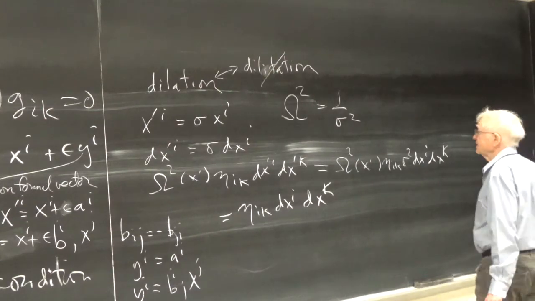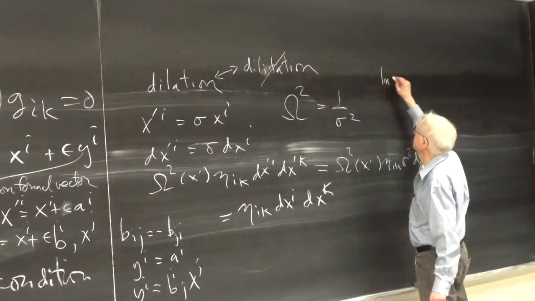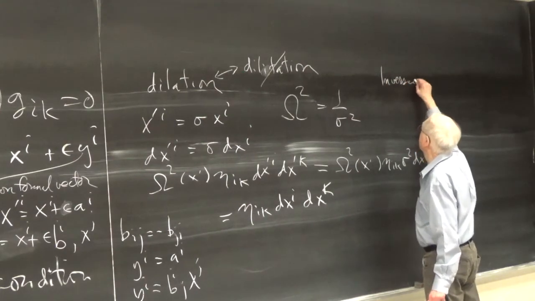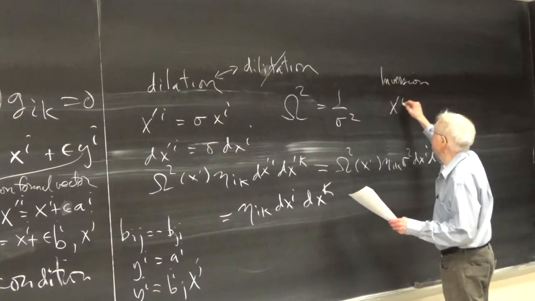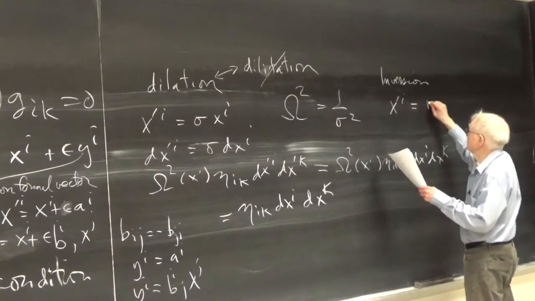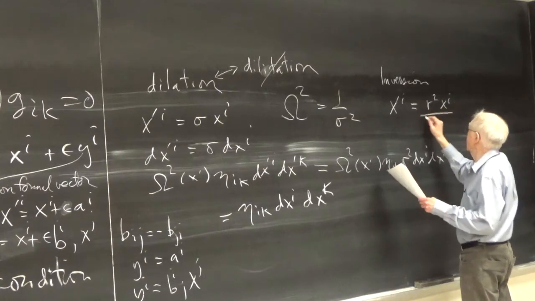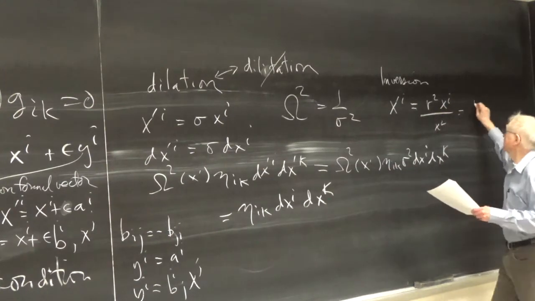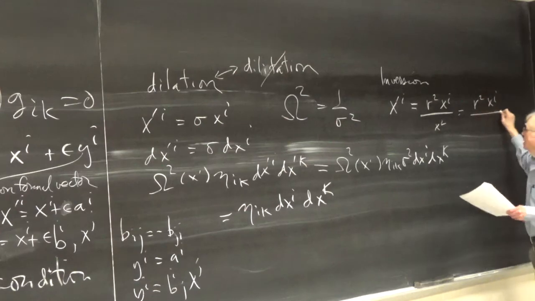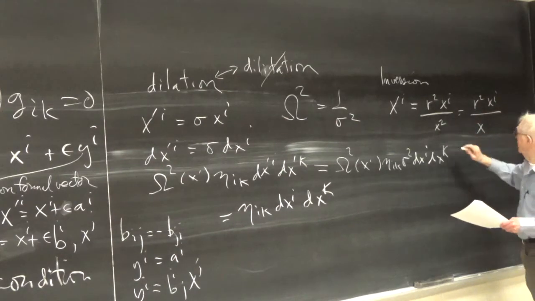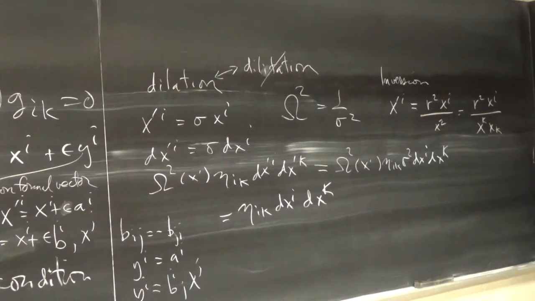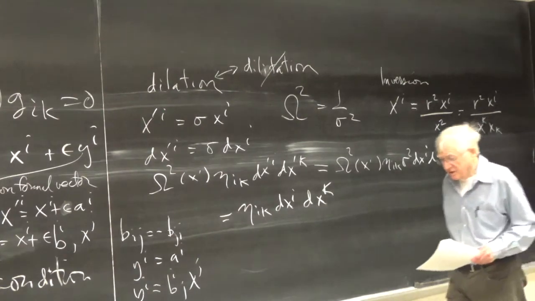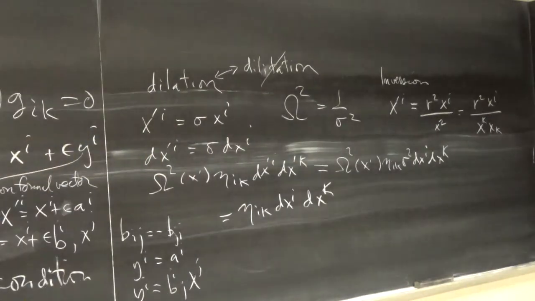The other kind is what's called an inversion. And let me say what that is. That's x'^i equal to, let us say, r squared x^i over x squared, or equivalently r squared x^i over, let us say, x^k x^k. Okay. So this is called an inversion, and it is a conformal transformation.